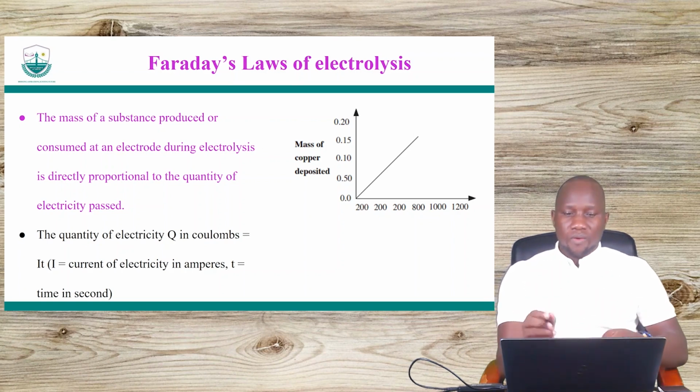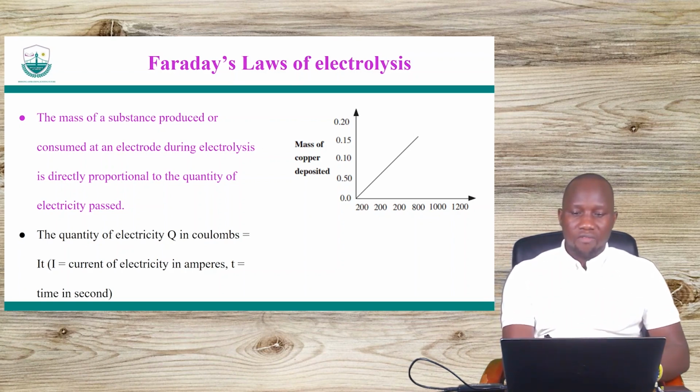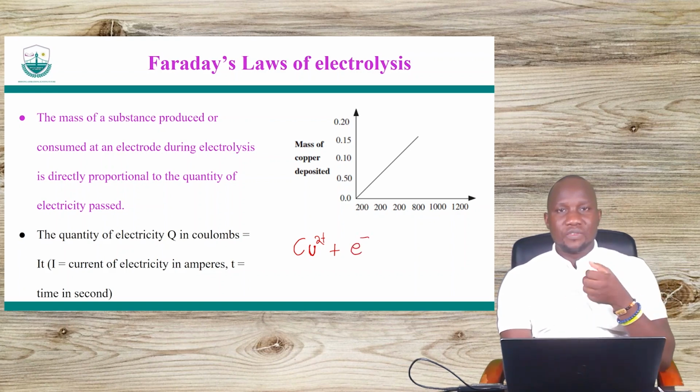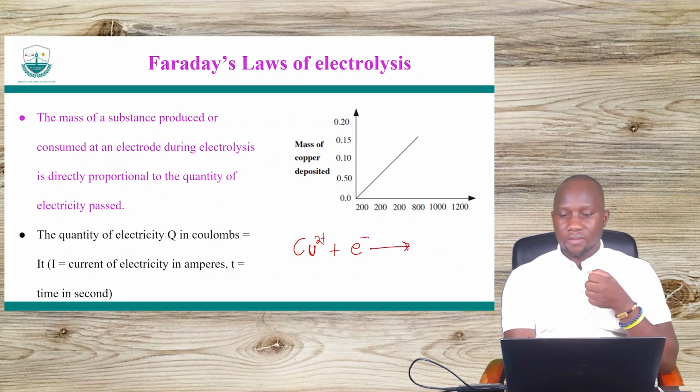For example, if you have copper ions as one of the ions in the electrolyte, these ions can get discharged. You will have electrons, and the ion basically gets reduced to give copper solid.